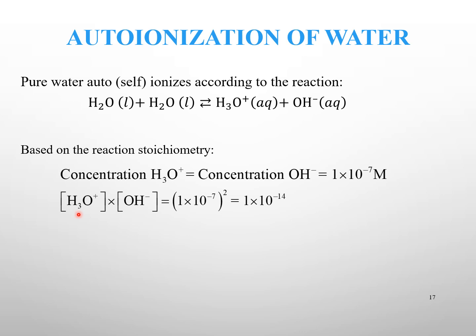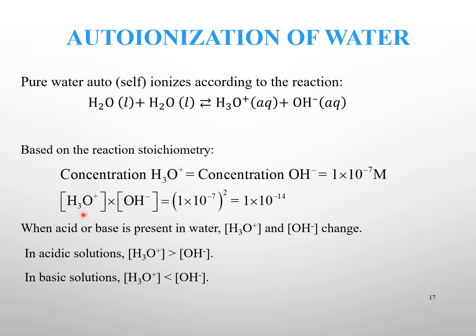This term, hydronium times hydroxide, is called Kw. You will learn this more in later classes, but it just means hydronium times hydroxide, or sometimes interchangeably I'll just call this hydrogen ion. It's the same thing. So that will give us 1 times 10 to the minus 14.